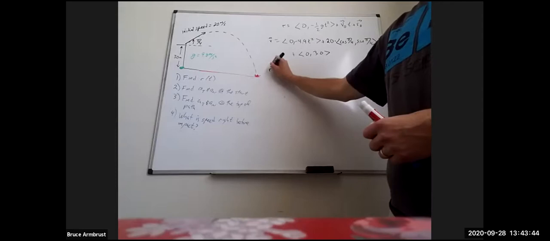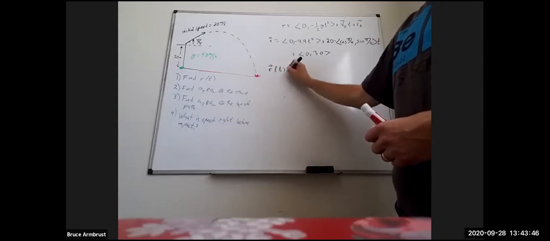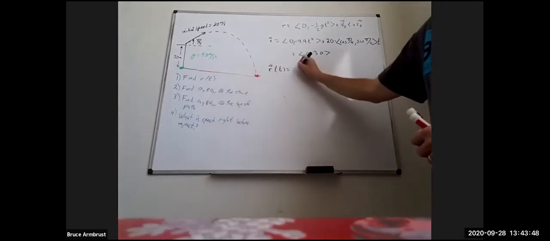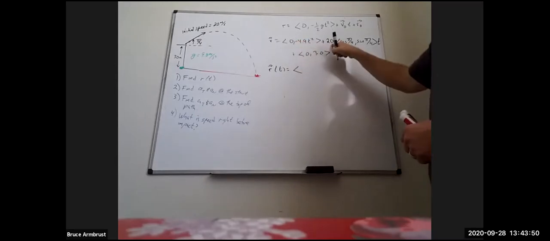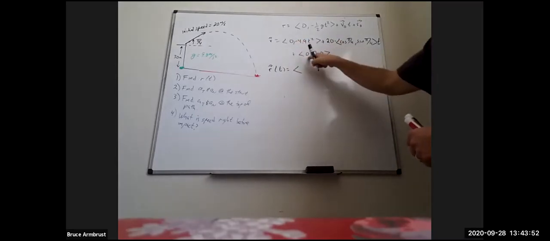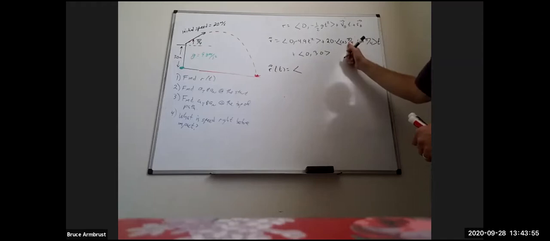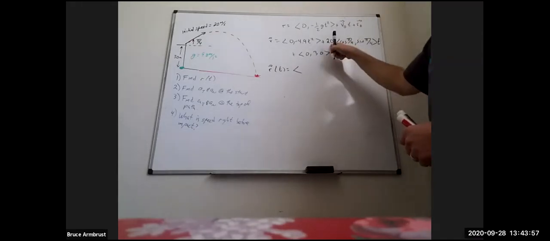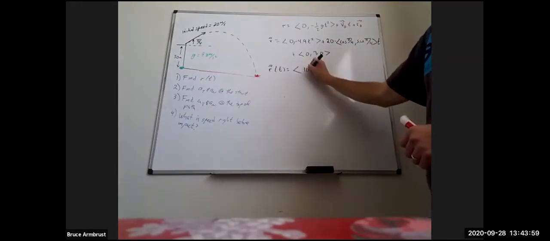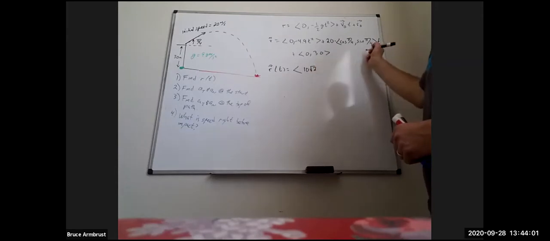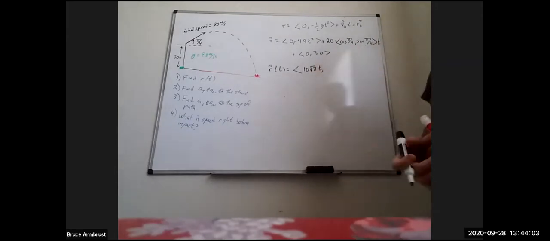So I can go ahead and combine all of that. And we get r of t is equal to 0 plus 20 cosine of pi over 4 plus 0. Cosine of pi over 4 is root 2 over 2 times 20 is 10 root 2, times t. So there's the x component of my position vector.